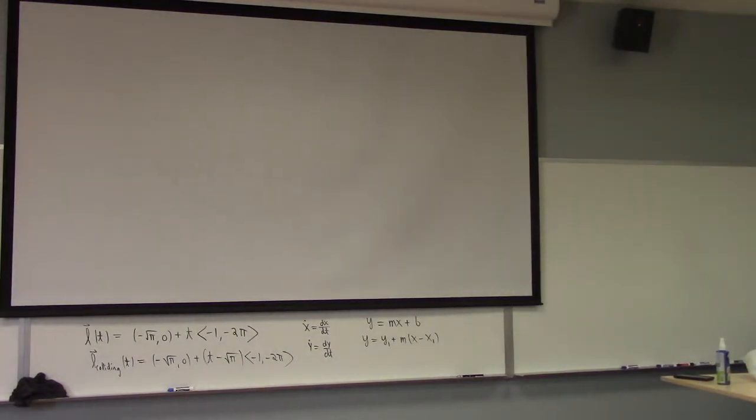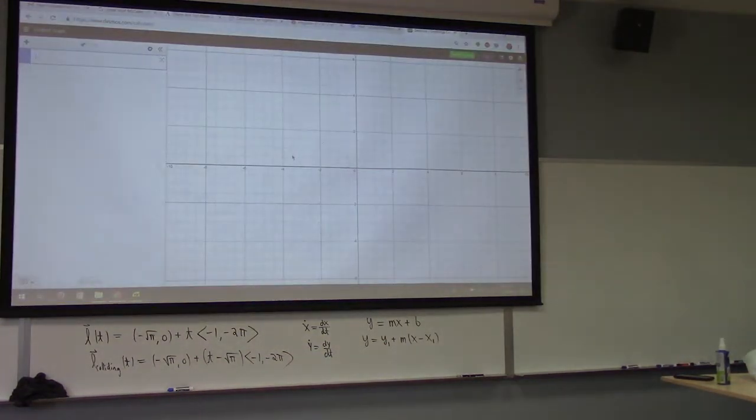what were the parametric polar equations? It was r equals 4 sine t, and theta equal to, what was it? Oh, you know what? I think I'm going to have to do it like this. 4 sine t, and then it's cosine of what was the theta?